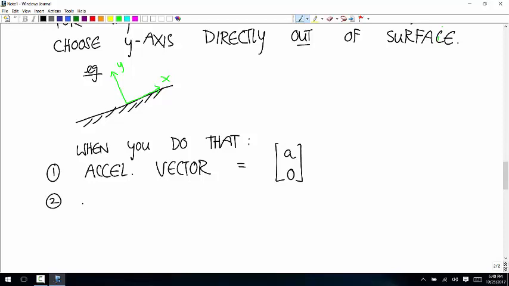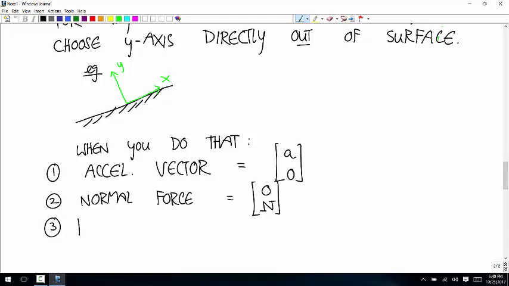The normal force will always be 0, Fn, because it's always pointing out of the surface, and that's the same thing that we're doing with y.